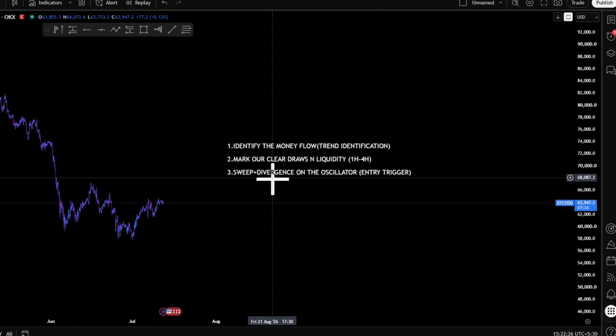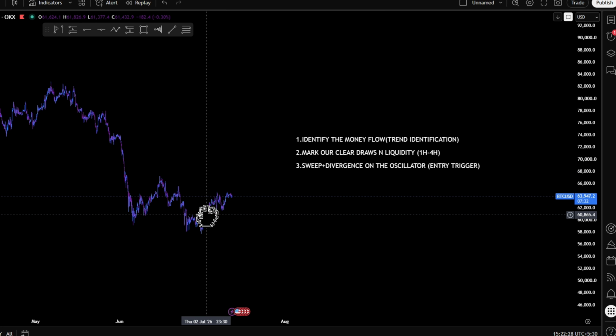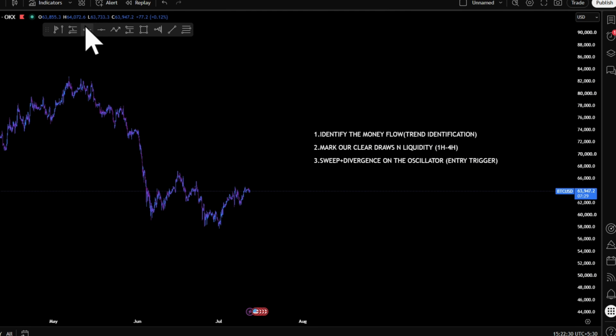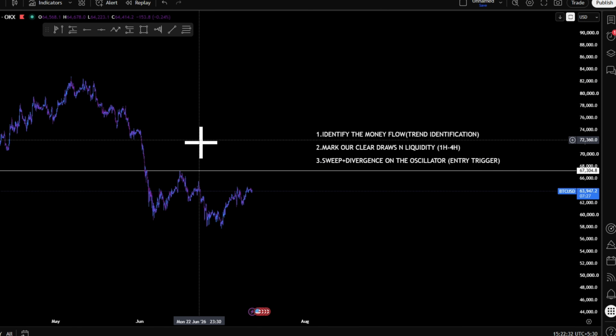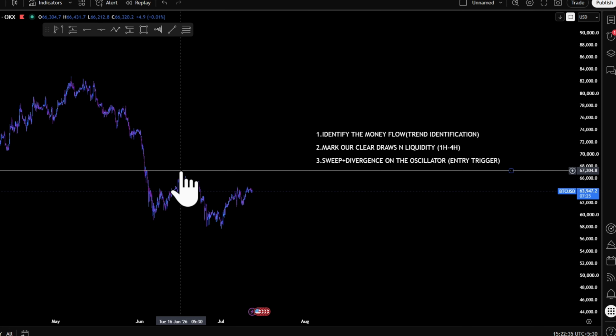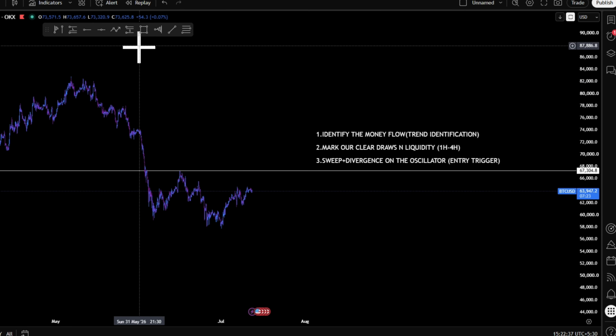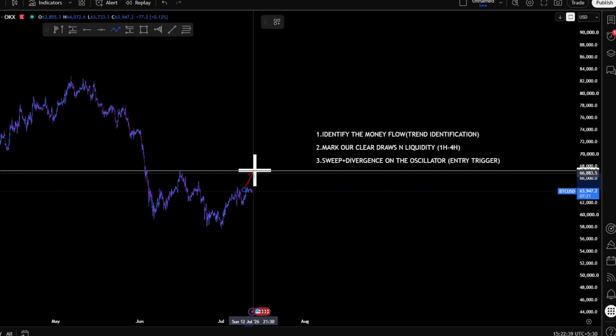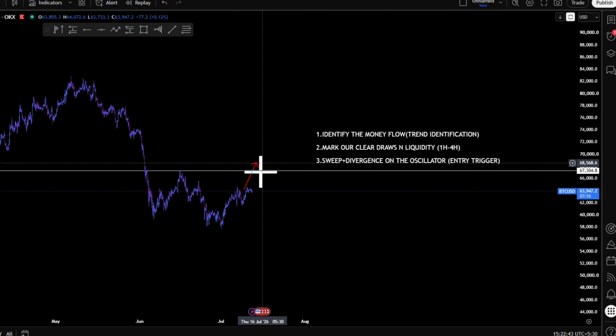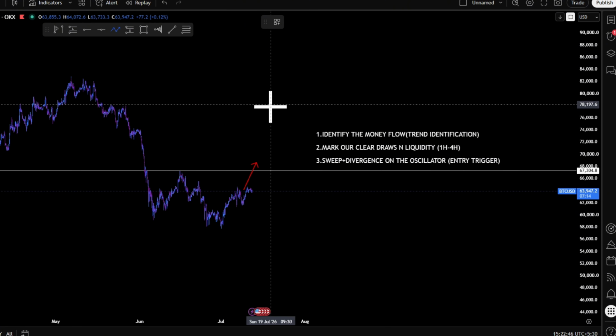Now the third step is sweep plus divergence on the oscillator. Now let me tell you what a sweep is. As you see, this is a clear draw on liquidity which we have marked out. A sweep is when the price goes above it and fails to close here. It fails to go a lot higher, right?